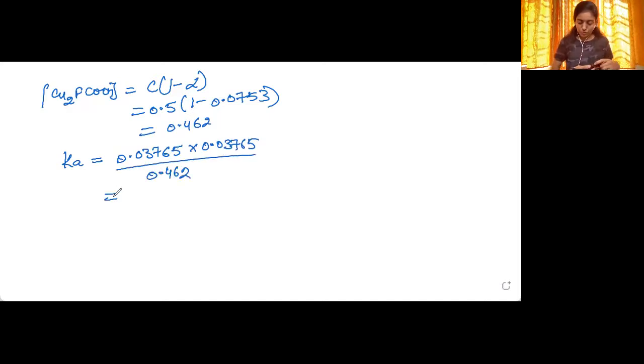So it is equal to 0.03765 square divided by 0.462. So it is coming out to be equal to 0.0031, or you can just write it as 3.1 into 10 raised to the power minus 3. So this will be the value for Ka.